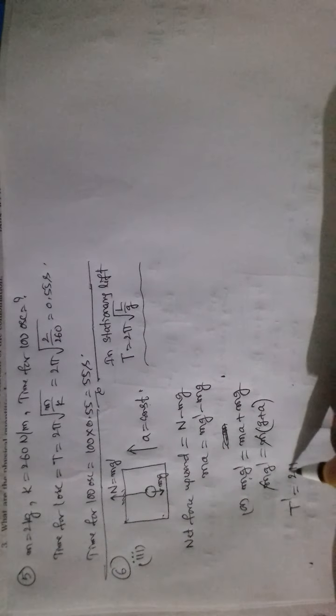Time period is 2 pi root L by g dash when the lift is moving. Substituting here, g dash is g plus a.